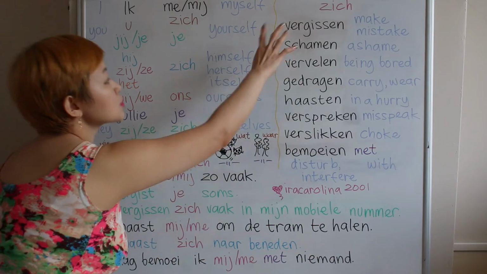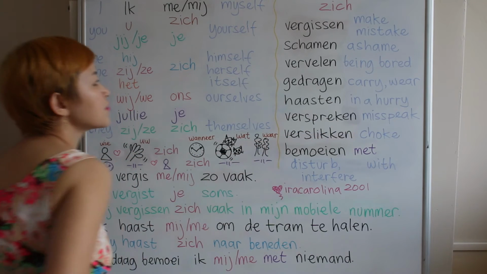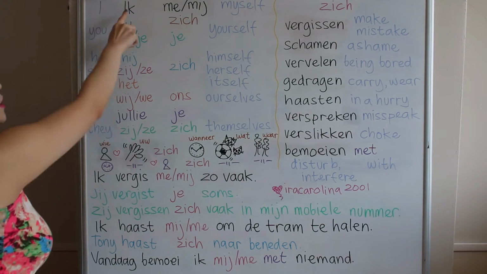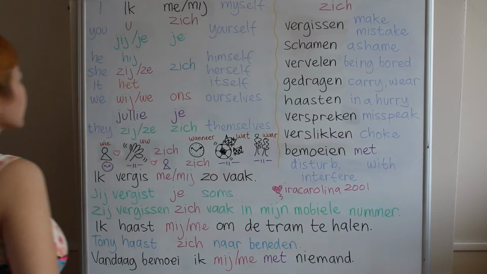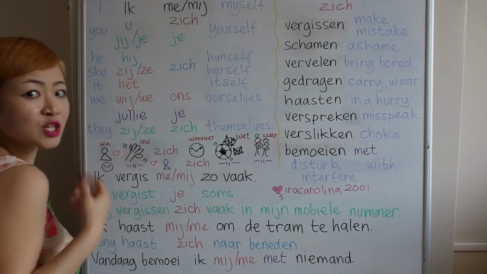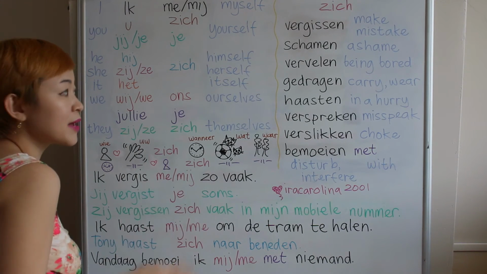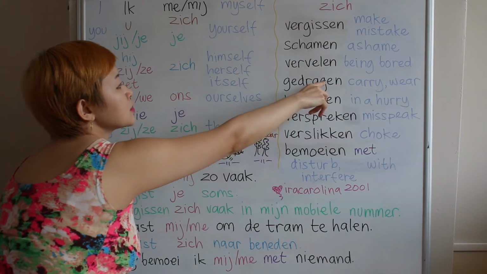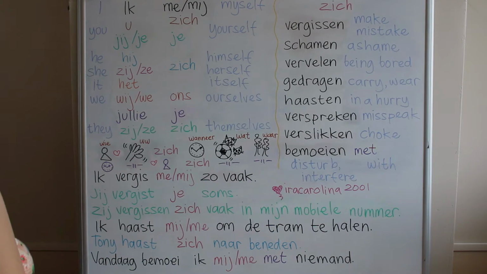So the verb has the an at the end of the word. And for I, ik, the an disappears. And for a subject that consists of one but is not ik, the an disappears, but you have the t at the end of the word. Okay.